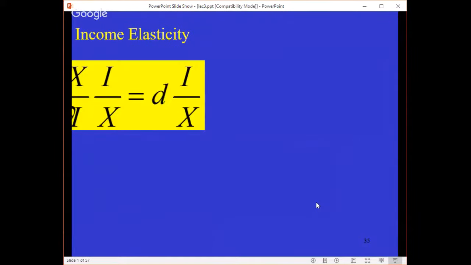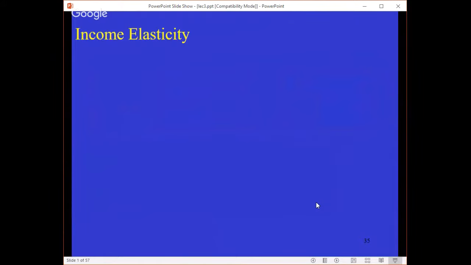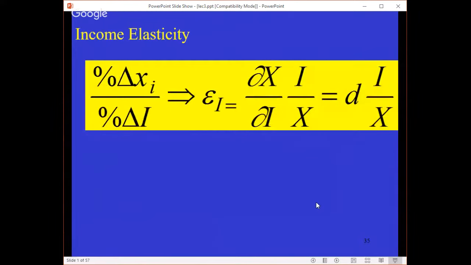Next on to income elasticity. Take the partial of x with respect to I, which in this case is d, times I over x.